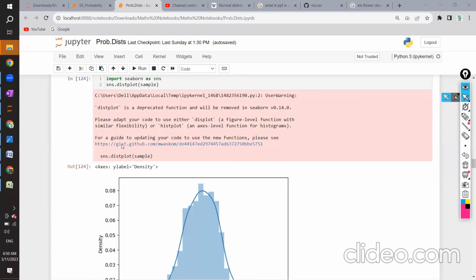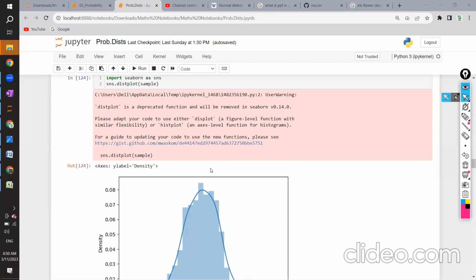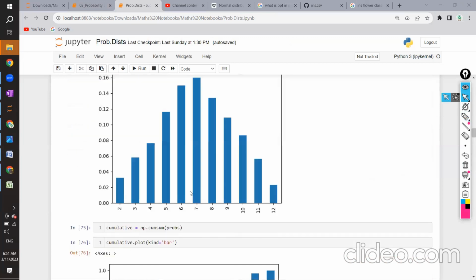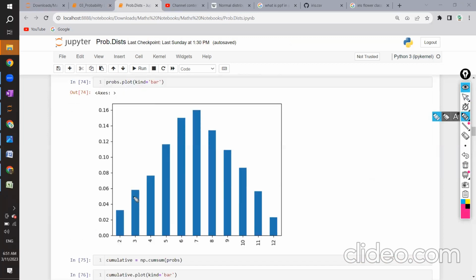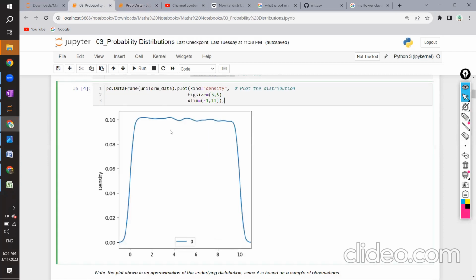If you see here using Seaborn, yesterday we saw the graph is like this. The frequencies are different. So here also, when you are rolling 2 dice, you can clearly see the probability of the frequencies constantly increasing and decreasing, which creates a normal curve. But in the uniform distribution, there will not be any such scenario.